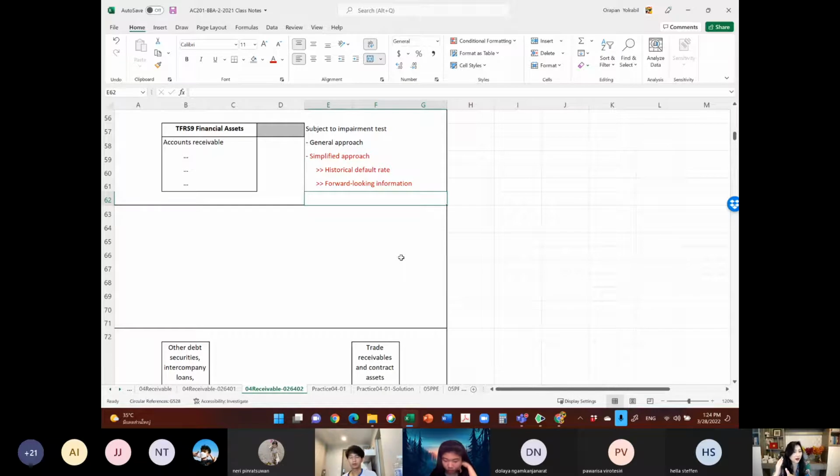So not only do you have to look at the historical default rate, but you also have to incorporate the forward-looking information into your estimation. After you do the calculation under this simplified approach, you would then have the expected credit loss.